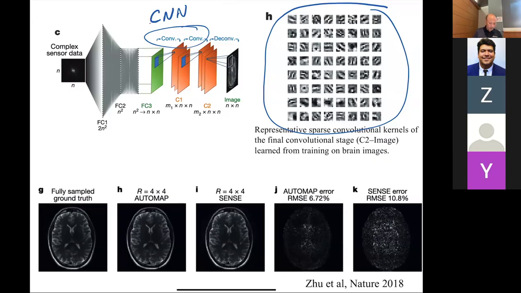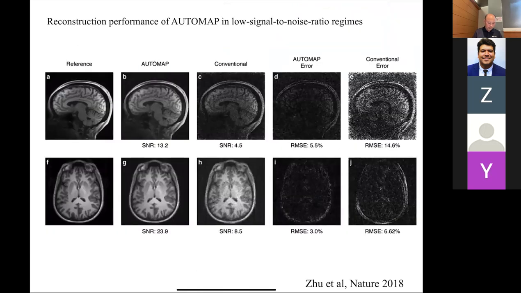So here's a case where AutoMap does really well. Here's the fully sampled ground truth, here's AutoMap, and here's what we get if we did SENSE, and this is showing the error. AutoMap's error is much less than the SENSE error. And it also does really well when we add noise.